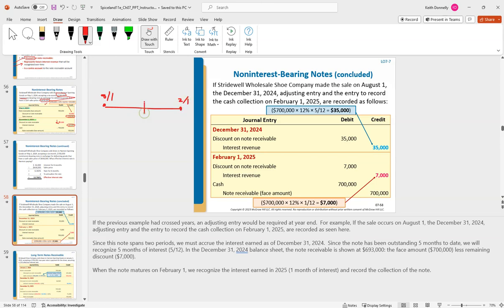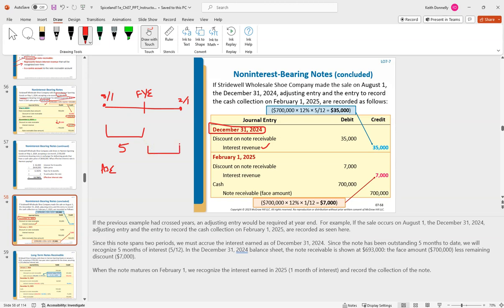But just like we did last time, there's that intervening fiscal year end of December 31st. So we're going to have to account here for 5 months of interest revenue when we do our year-end financial statements, and make an AJE for that.